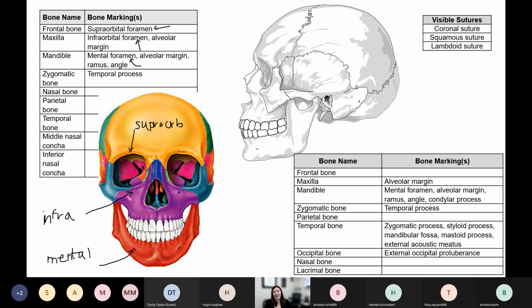We had one other kind of hole that we labeled in lesson number 6, and that's this thing right here. This is the external acoustic meatus, the outside hearing hole.